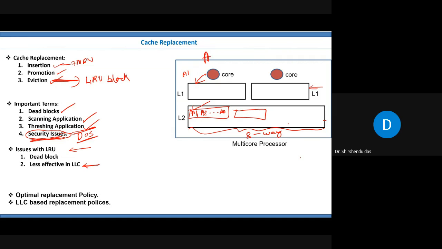So why am I saying this? Suppose there is a block called A. That block is first moved from main memory to L2, and from L2 to L1, and then from L1 the core accesses it. Suppose it's not a dead block. The core requests this block multiple times, but in a very short duration.